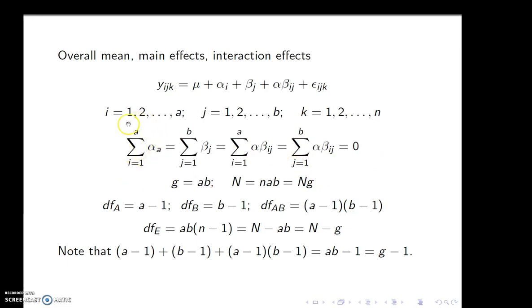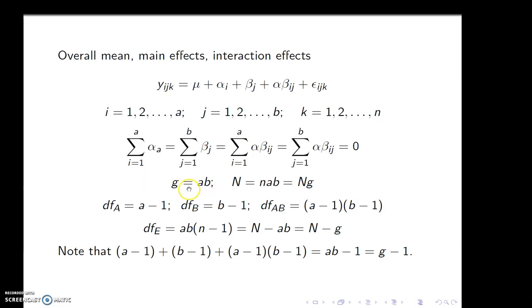So this is what we had before, that this would be 0. But now we also say, okay, the other main effect is also 0, which seems obvious. That should be the case. But we're going to go further and say the effects sum to 0 when we sum over only one of the indices, the index for A, the index for B.